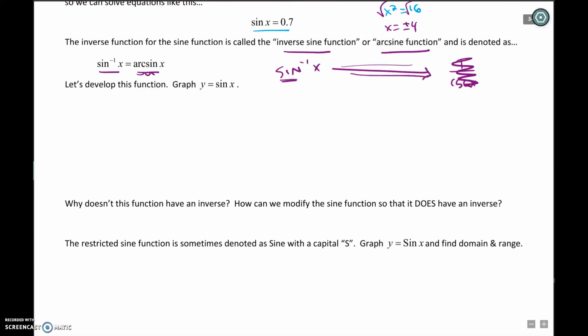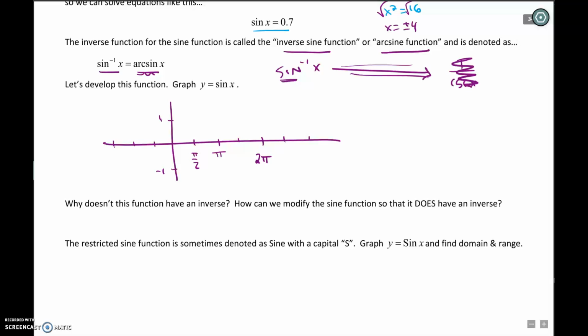Let's develop this function. Let's graph the sine of x. Period is 2 pi divided into 4. I don't normally label these, but I'm going to this time. And you should be pretty comfortable with graphing this thing by now, hopefully.